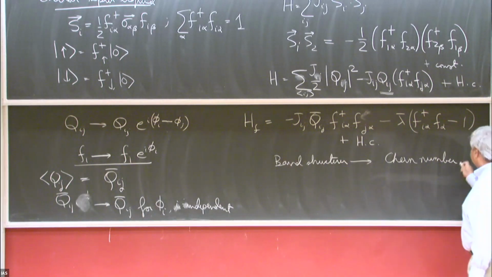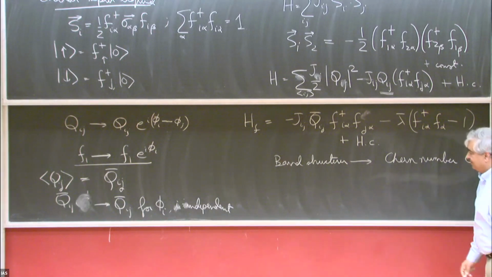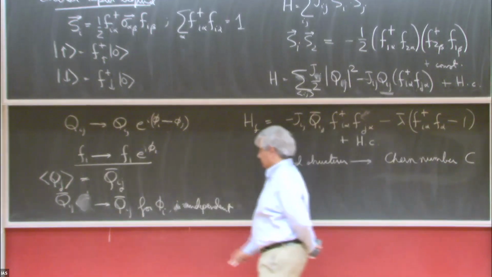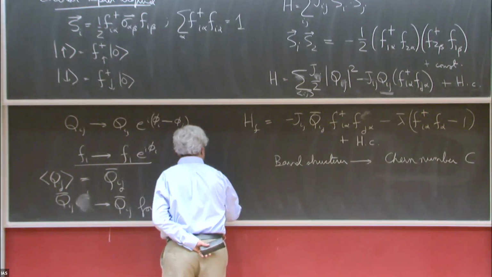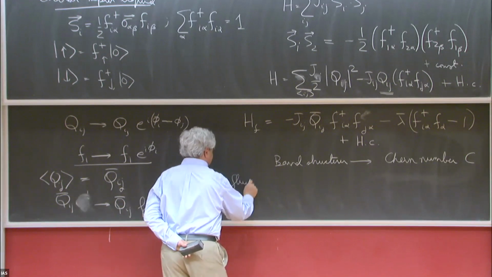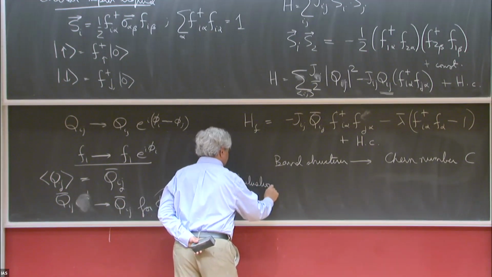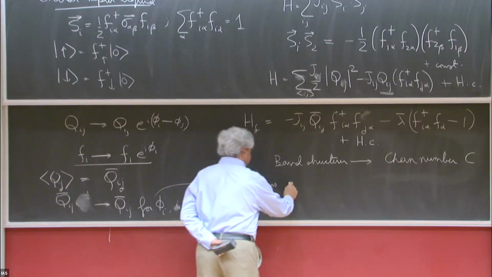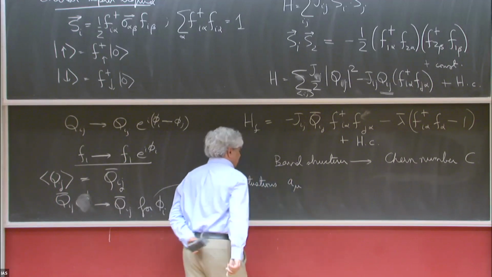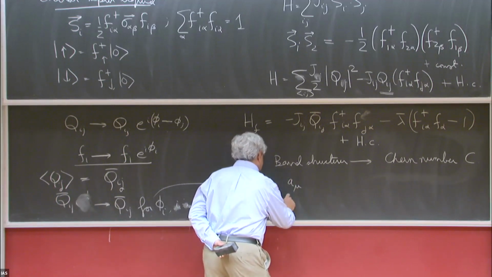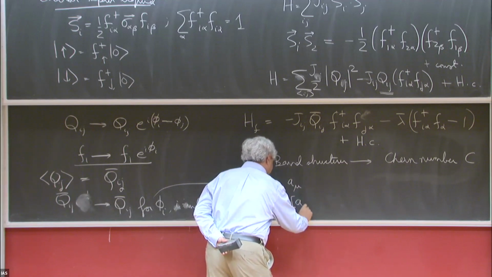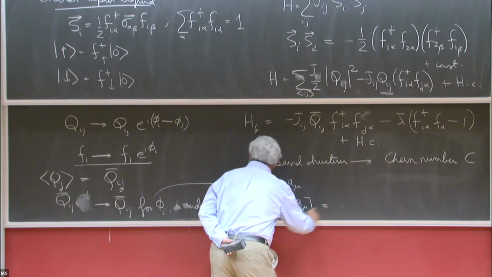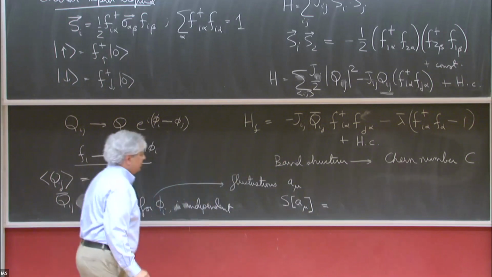All right, so then you get a Chern number, which I'm going to call C. Then when we look at the gauge fluctuations, the fluctuations about the saddle point, you get a gauge field A mu. And so you're going to get some effective action for the gauge field when you do the fluctuations about the saddle point.